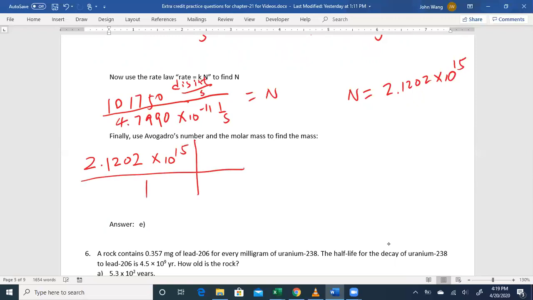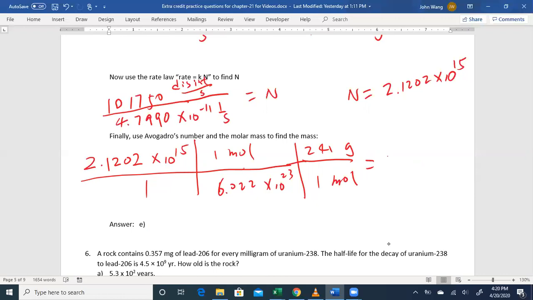So we use our Avogadro number, so one mole will be 6.022 times 10 to the 23, and then one mole for this given nucleus is 241 grams. So therefore we find 8.49 times 10 to the negative 7 gram. So therefore the answer is E.